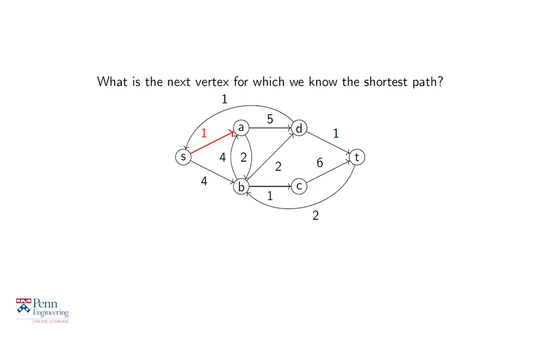What is the next vertex for which we know the shortest path? And this should remind you a little bit of the structure of Prim's algorithm for minimum spanning tree, where recall that we divided the vertices into two parts. Initially, one part had only one vertex, and all the other vertices were in the other part. And we successively found one vertex to bring over from the big part to the part that started out with one vertex.